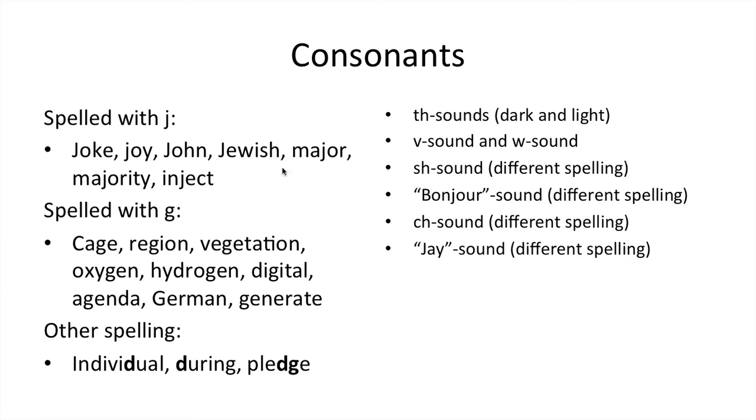This is major and majority. And some might pronounce these words with a G sound, but it's oxygen, hydrogen, digital, not digital, agenda, not agenda, right? And sometimes you get even a different spelling with D's here, individual, enduring.